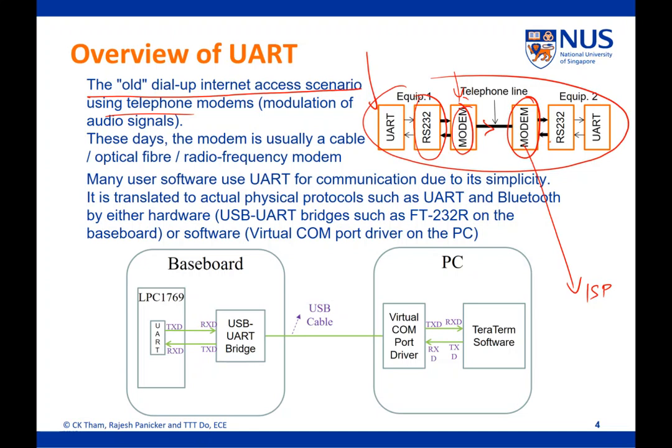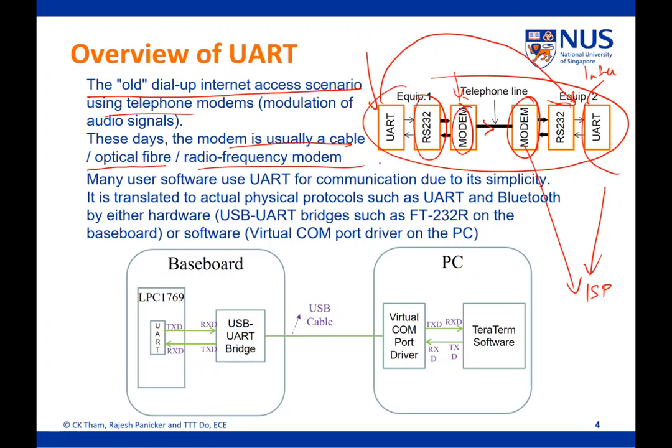And that itself is connected to the UART of your internet gateway, the so-called internet gateway of your service provider, using a UART. So your UART establishes a connection with the UART of your service provider, so that you can access the internet. These days, the modem is usually a cable modem or optical fiber or an RF modem.